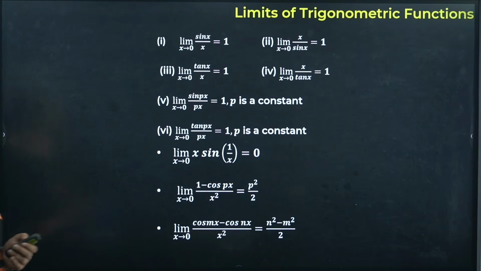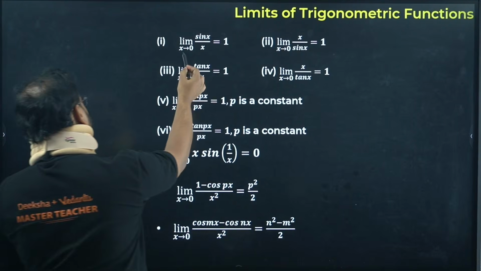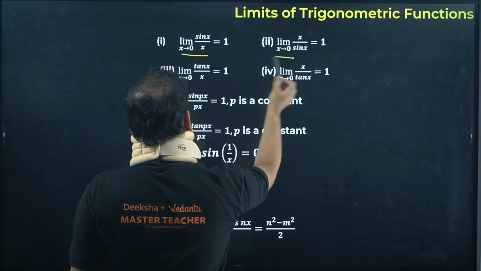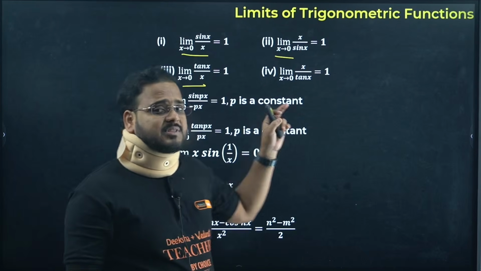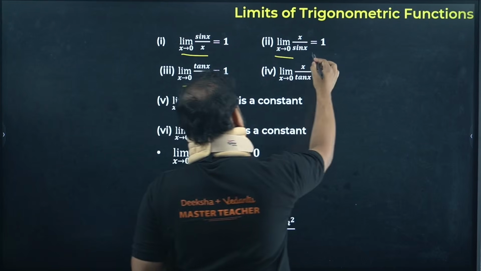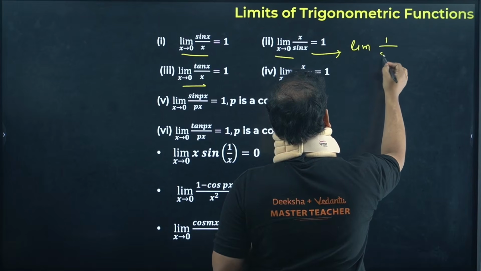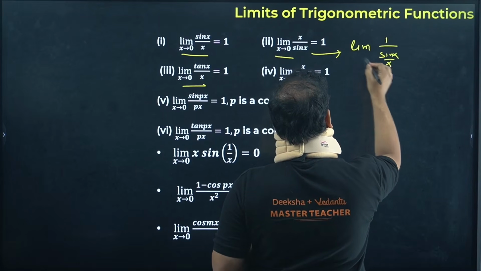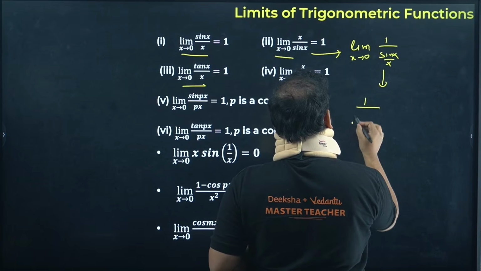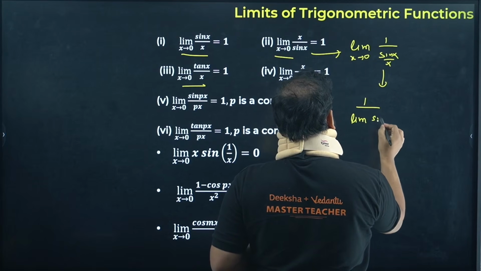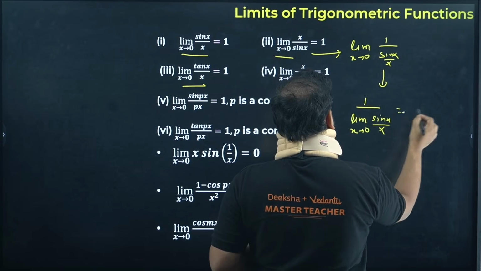Moving on. Some limits of trigonometric functions. I have mentioned the first two already. Sin x by x is 1, tan x by x is also 1. What about this, sir? Same, no? Because I can rewrite this as, remember, limit of 1 upon sin x by x, where x tends to 0, and this can be written again as 1 upon limit of sin x by x, x tends to 0, and this is what?